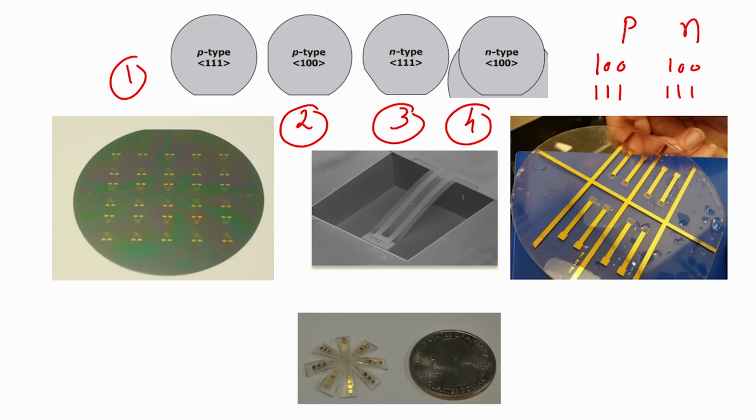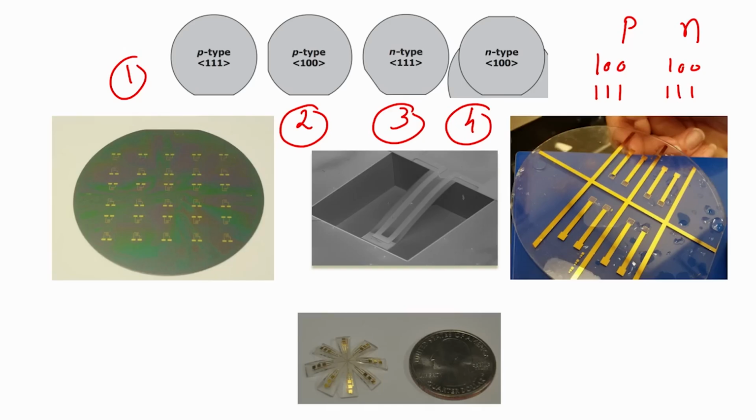That is why there are flats. In some wafers there is one flat, and the flats are at different angles. So let us see. For p type 111, there is only one flat here, the primary flat.